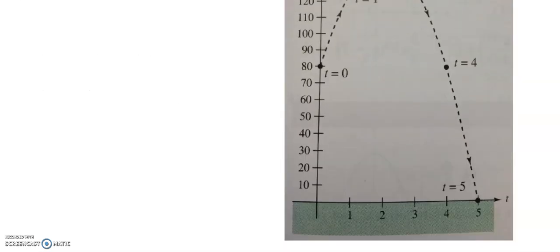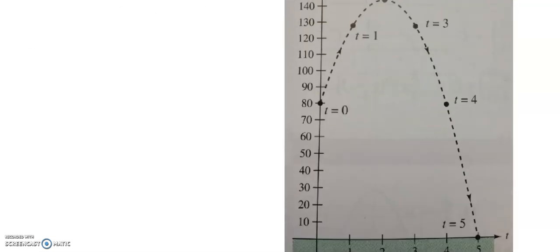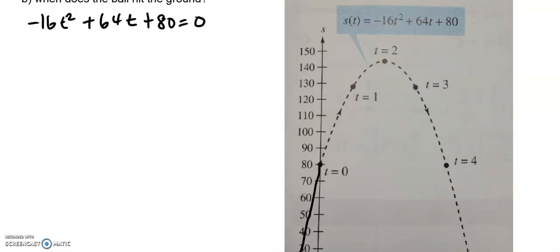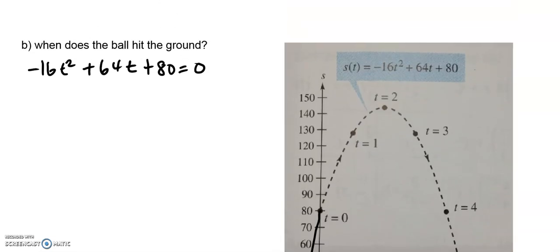And you can graph that on your graphing calculator, but you're actually going to get two answers. You notice here one is at 5, and the other one over here is going to be at negative 1, because that graph continues to come down. Okay, but the negative 1 is irrelevant. That would be negative time, which can't exist. So we're going to have to just look at the 5 seconds.